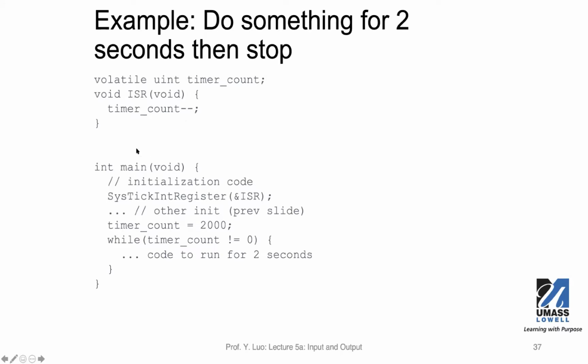Well, because we register this ISR function here for this 1 millisecond timer interrupt. And because of the 1 millisecond timer interrupt, this ISR function will be called once every 1 millisecond. And because our initial value is 2000, we expect that this will be called at least 2000 times until this timer count value equals 0.